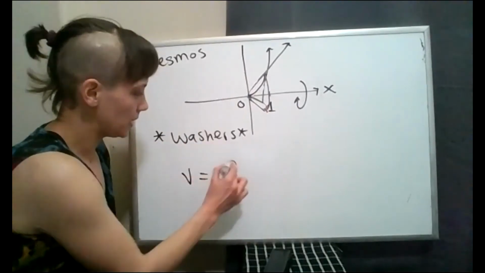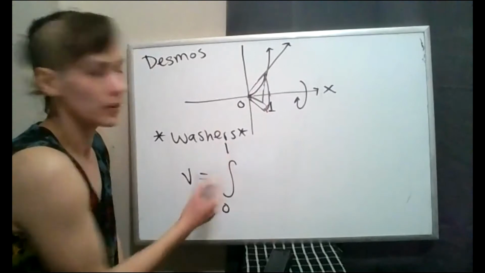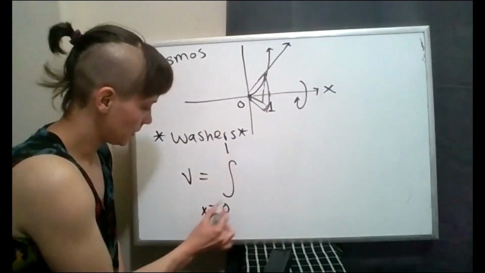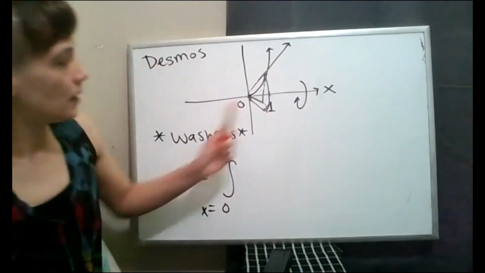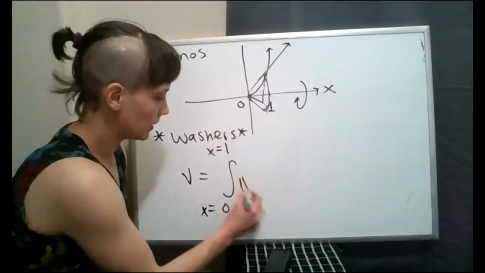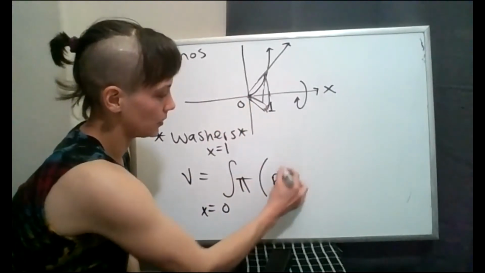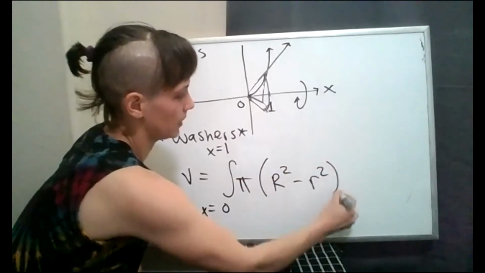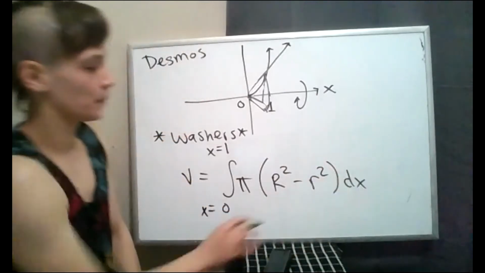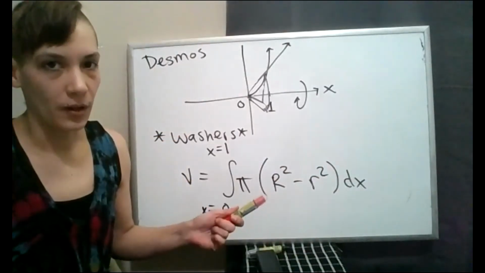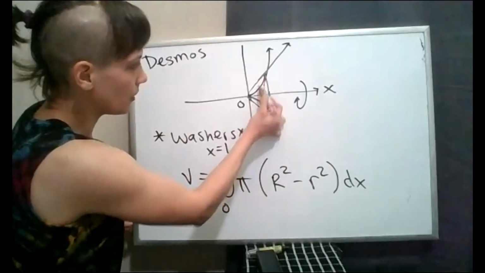V is equal to the integral from x equals 0 to x equals 1 of pi times capital R squared minus little r squared. Capital R is the function all the way on the outside.